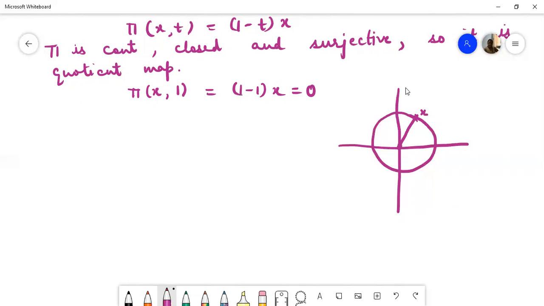So on the whole set S1 cross I, it is injective except for the set S1 cross 1, because that whole set goes to the point 0. So S1 cross 1 maps to 0 under this mapping pi, and otherwise it is injective.